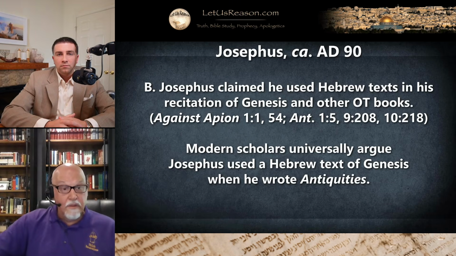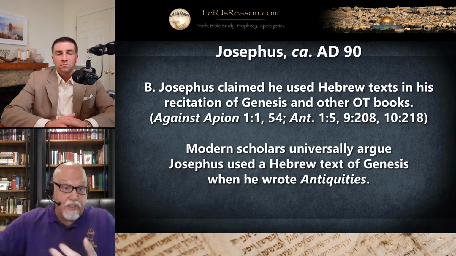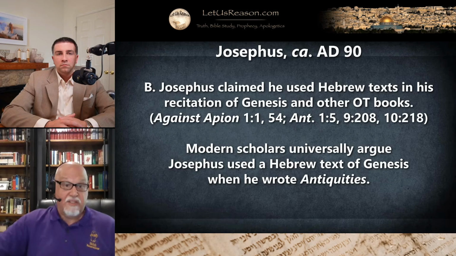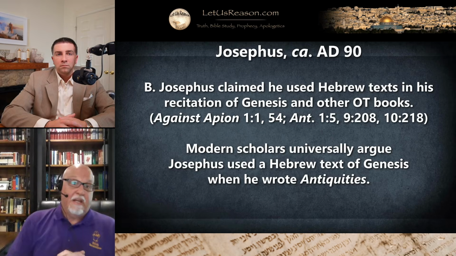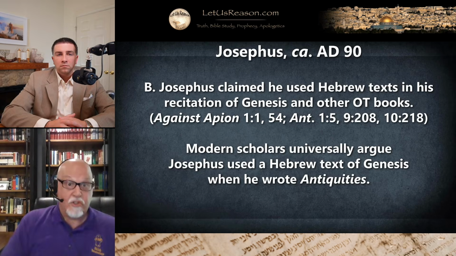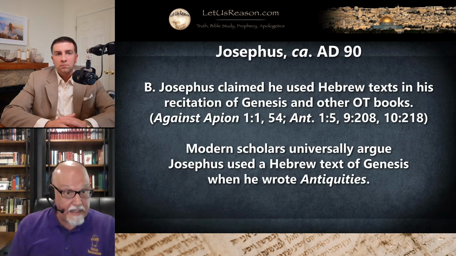They argue that he had a Hebrew text of Genesis when he wrote Antiquities. That's what he was primarily using. He did refer to the Septuagint in later books, but the consensus is that in the early books of the Bible, he was using a Hebrew text, and they base that on the linguistic analysis of his translation, because he's writing in Greek, translating from the Hebrew to Greek.